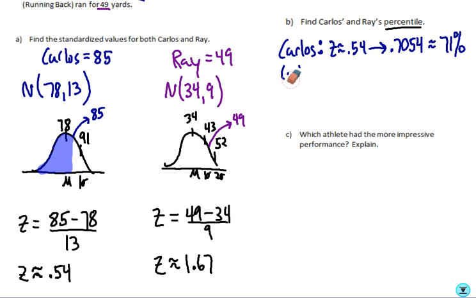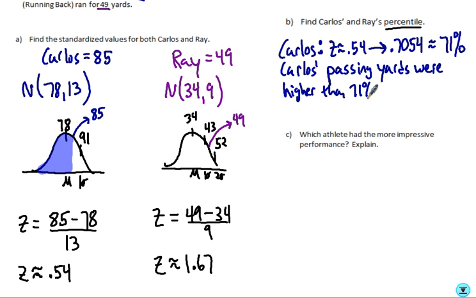Let's say that Carlos's passing yards were higher than 71%, higher than 71% of the quarterbacks. Okay, so that's good, right? So he's definitely above average.